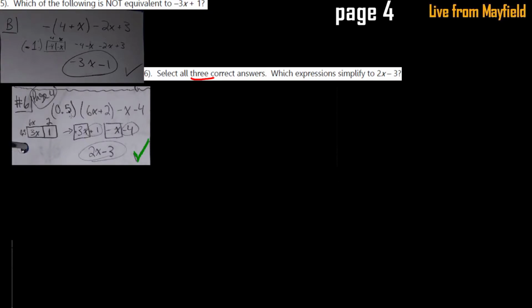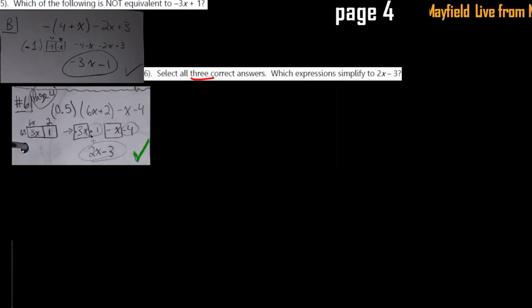Alright, so for number 6, again, make sure you can use that distributive property. And so I did 0.5 to show 1/2. So I do 0.5 times 6x, that's going to be 3x. And then I do 0.5 times 2, which is 1. And then again, I just write that along with the rest of the expression.